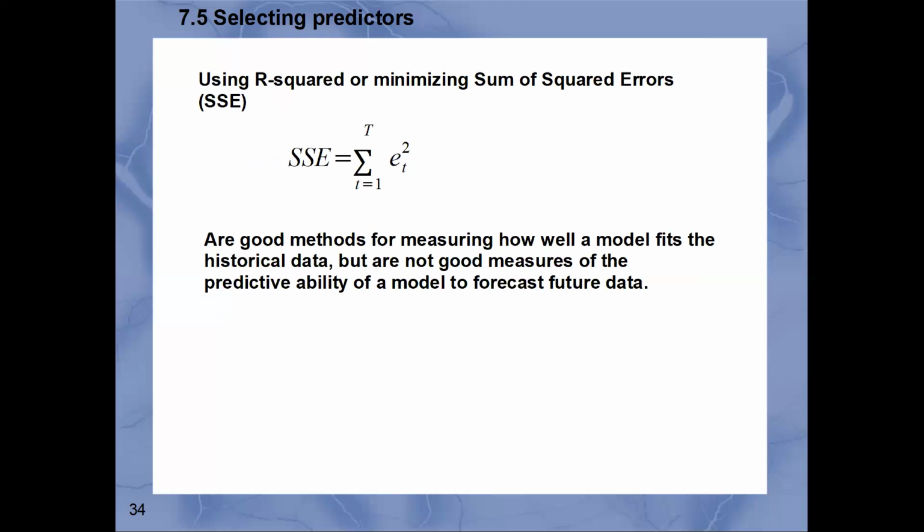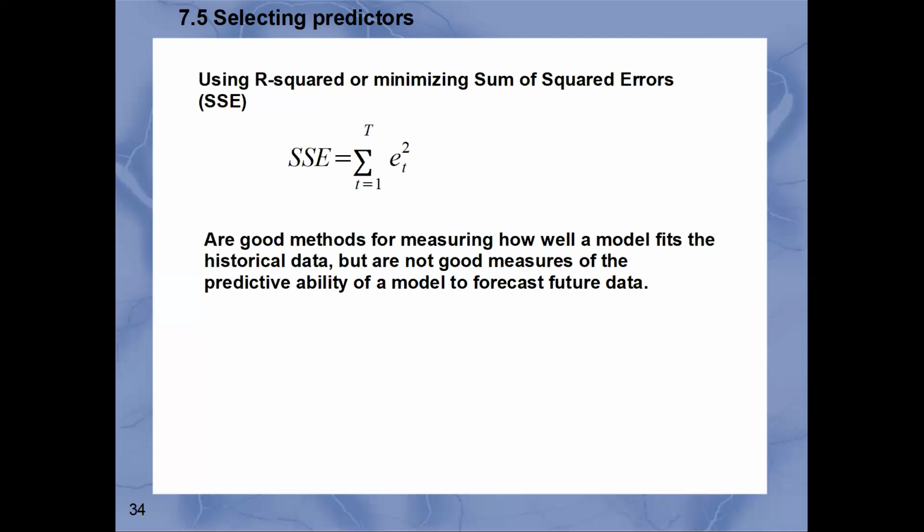First, using R squared, or minimizing the sum of the squares, and we already talked about this, right? If R squared is equal to 1, then the data all lies on our model. The R squared value is a good method for measuring how well a model fits the historical data.